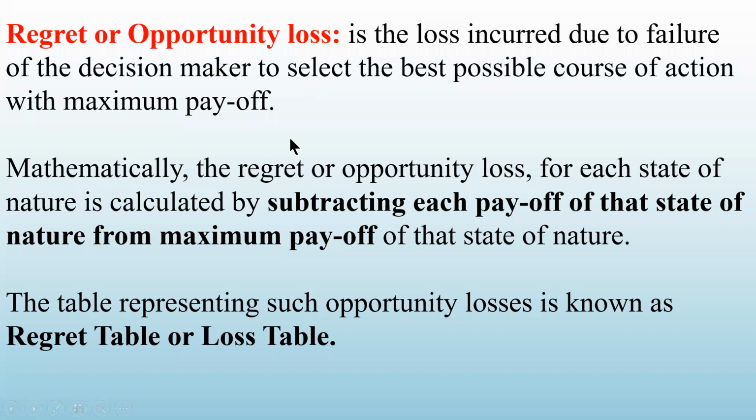So, mathematically, the regret or opportunity loss for each state of nature is calculated by subtracting each payoff of that state of nature from the maximum payoff. यानी हमें अगर रिग्रेट निकालना है तो हम क्या करेंगे, उस कॉलम में जो मैक्सिमम फिगर है उससे सब्ट्रैक्ट करेंगे. ओके, एंड द टेबल रिप्रेजेंटिंग सच अपॉर्चुनिटी लॉसेस इज नोन एज रिग्रेट. ओके, तो अब हम क्या करेंगे, पे ऑफ टेबल को वी आर गोइंग टू कन्वर्ट इनटू रिग्रेट टेबल.